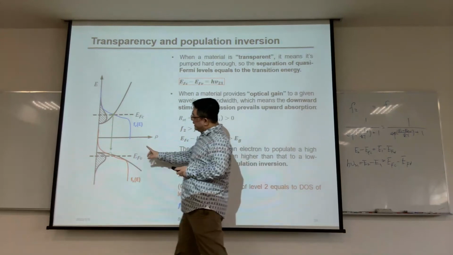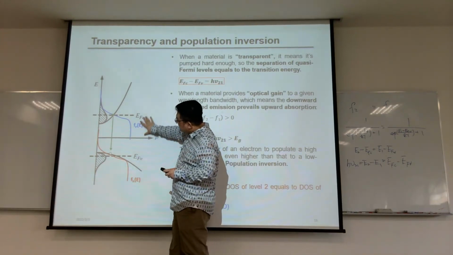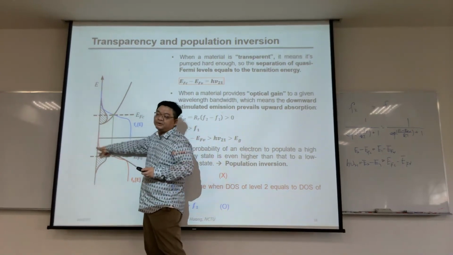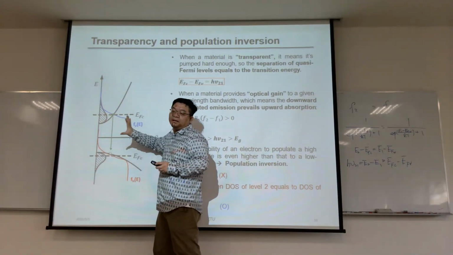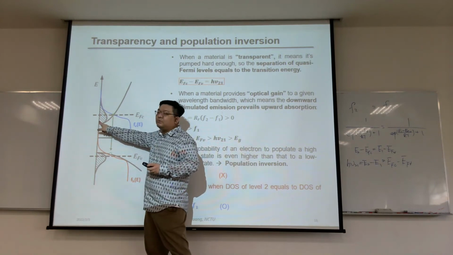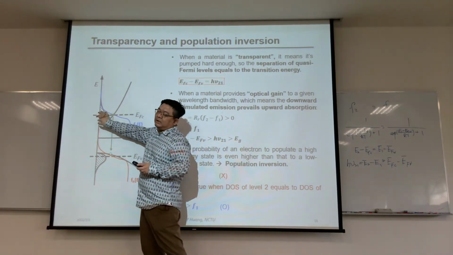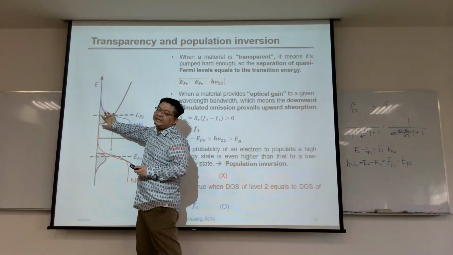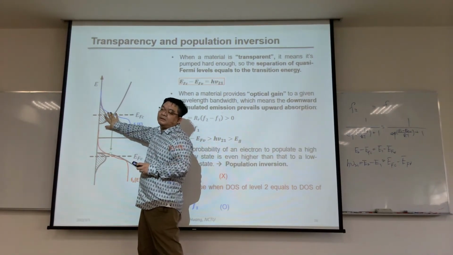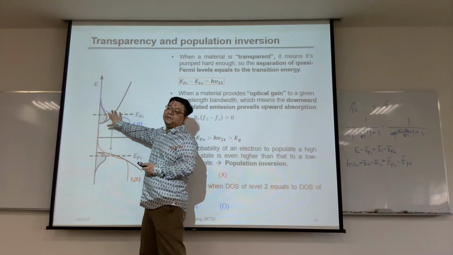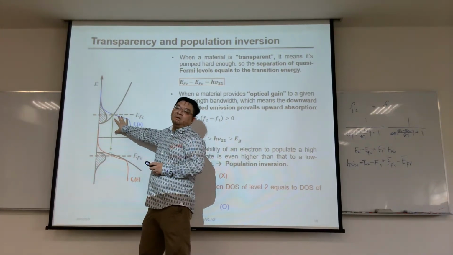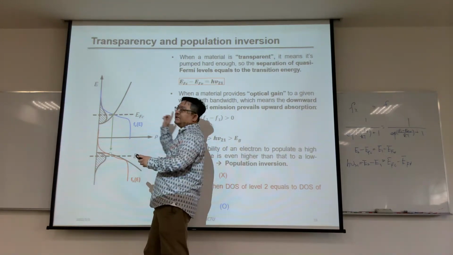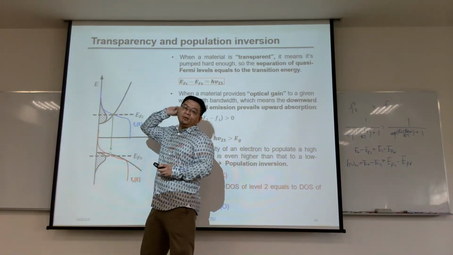But in the other case, if the Fermi level separation is this large, what happens if the incoming light is at its band edge? For the incoming light energy, you encounter a higher probability of electrons at the higher state. So stimulated emission will dominate over absorption, and the light on the other side will keep propagating.